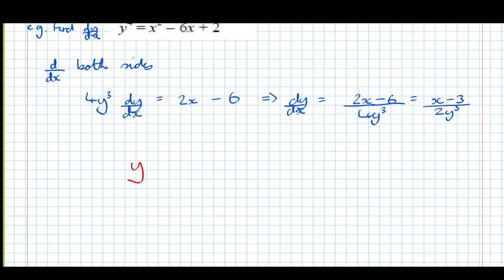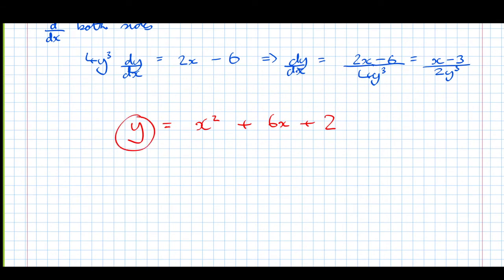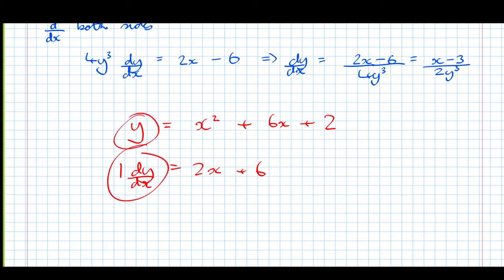If a function did say y equals x squared plus 6x plus 2, if it was defined explicitly, now all of this time you have been doing implicit differentiation without realizing it, because if we differentiate this with respect to x, we get 1, but because it was a function of y, we multiply by dy by dx equals 2x plus 6. So you've been doing it all along unknowingly, but the reason you wrote dy by dx equals is because of that there.